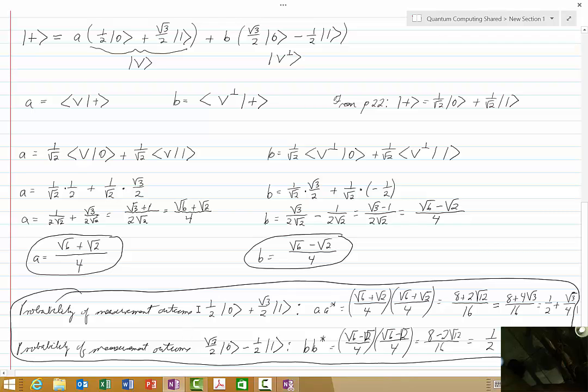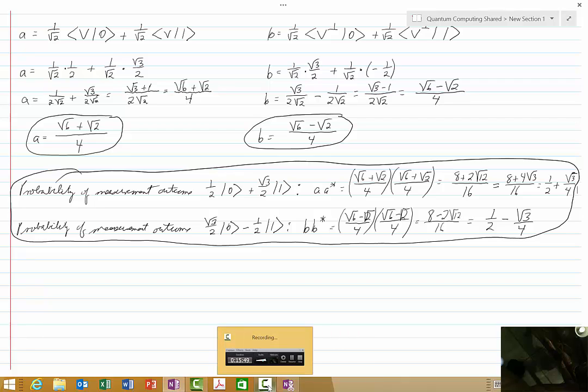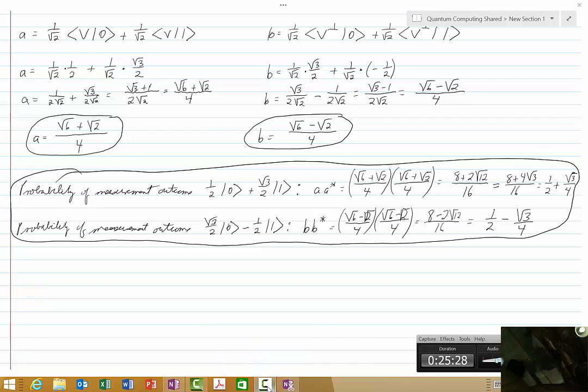So if we take probability of the first one plus probability of the second one, we must get a total probability of 1. So that completes all that I want to do with exercise 2.6, and I think that you will be able to easily do an exercise like that on your own.